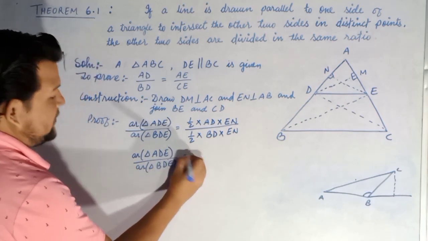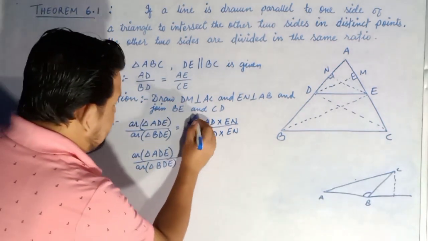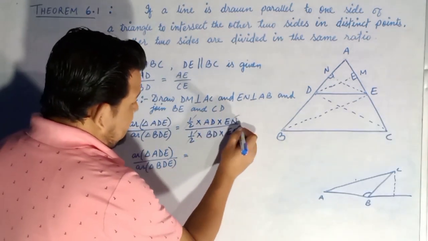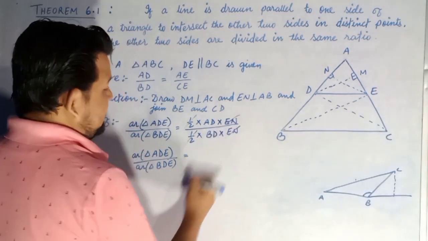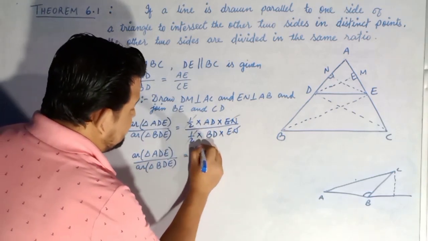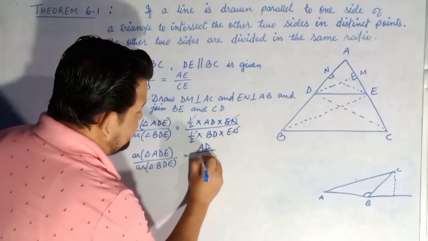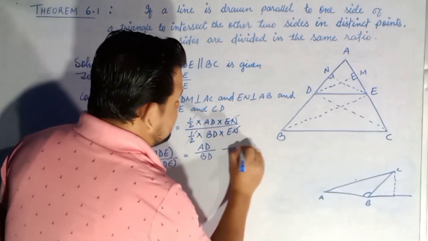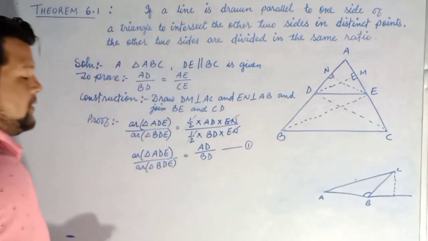So what we are going to have here? You can see half, half cancel. EN is also cancel, that means the height is also cancel. So here what remains? Only AD by BD. Okay. So let us give this one as number 1.